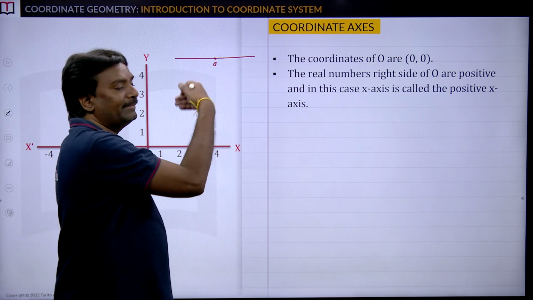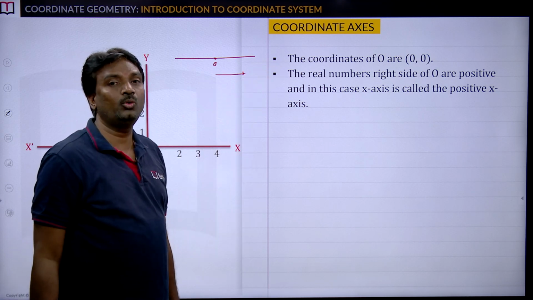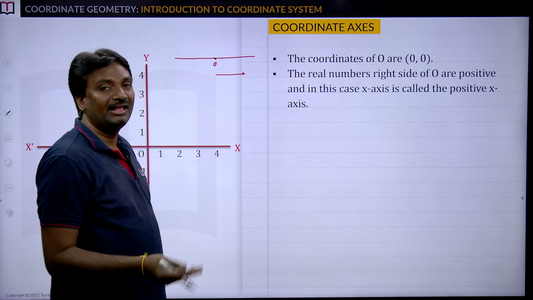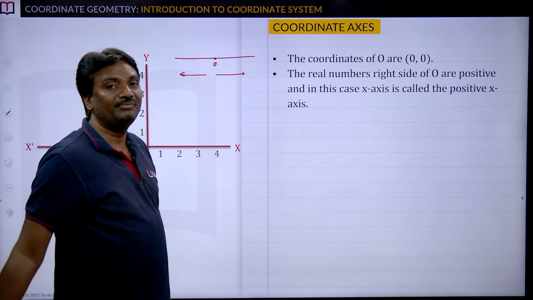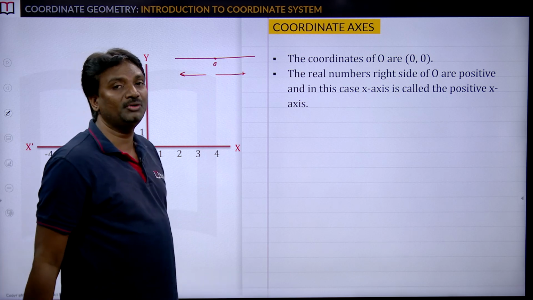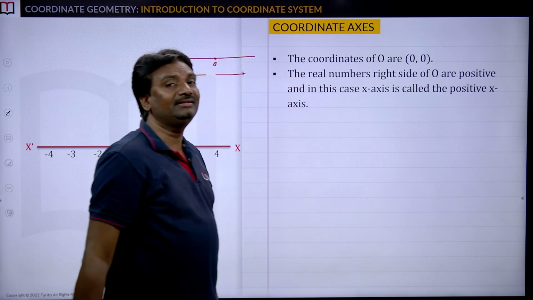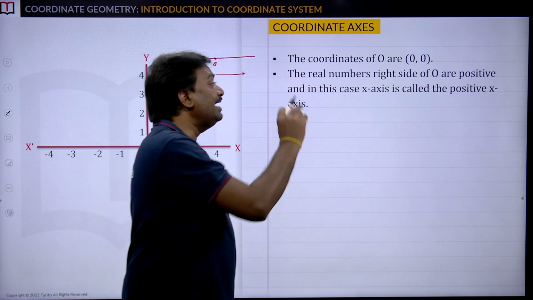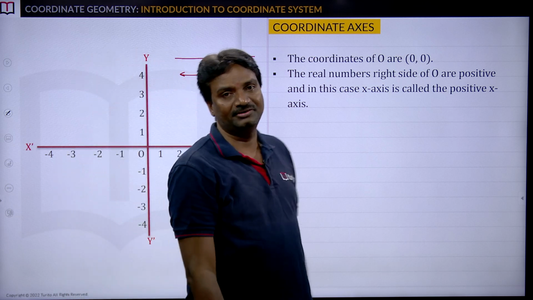The numbers right side of 0, this side, are known as positive real numbers. Just like that, the numbers left side of 0, this side, are negative real numbers. Here also the real numbers right side of O are positive, and in this case x-axis is called the positive x-axis.